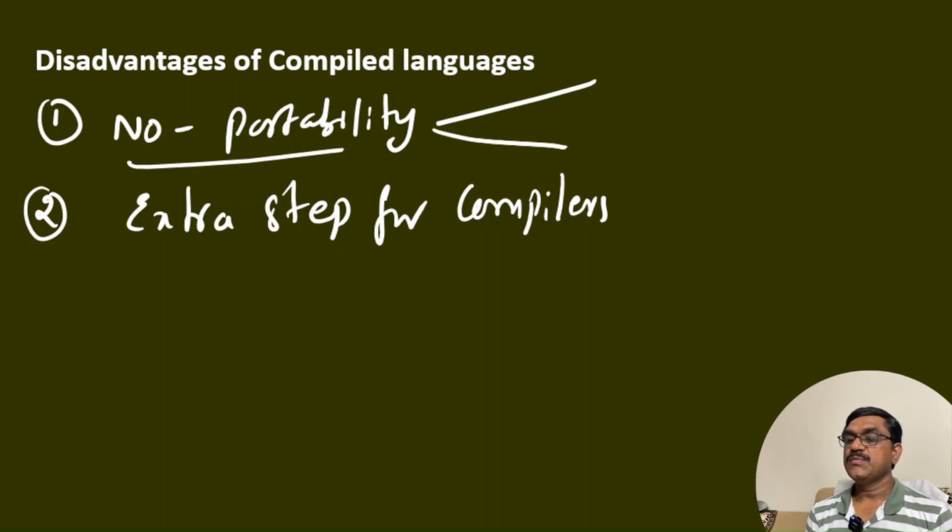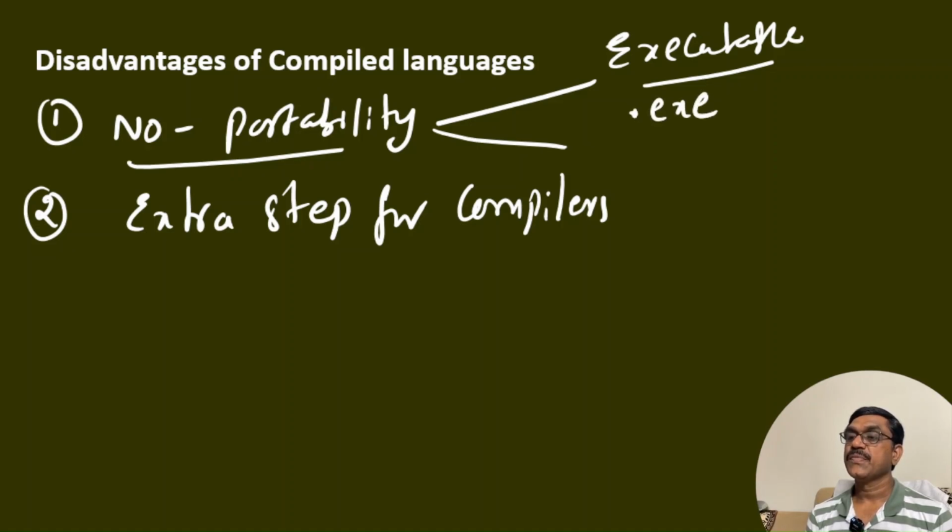See, at the time of discussing compilers, I said that compilers will create executable code. And if you use Windows operating system for converting the source code into executable code, the executable code is going to contain the extension .exe. And this executable code can run on any machine.